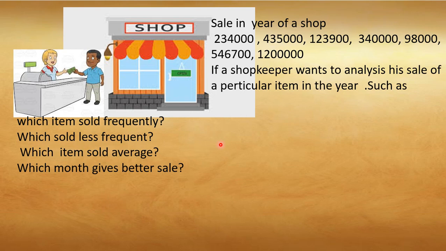So when he gets answers to these questions, then he can make his strategy for the next year, that is, which type of items he has to keep in his shop, or which type of items he has not to sell.